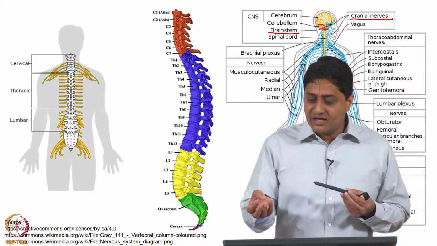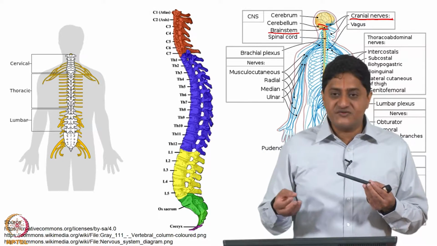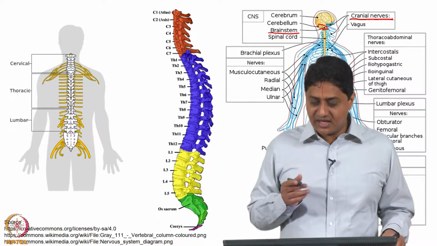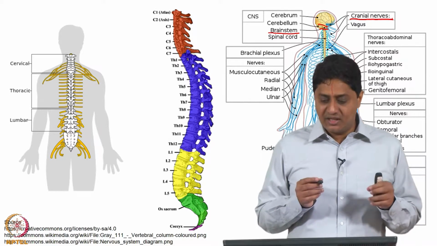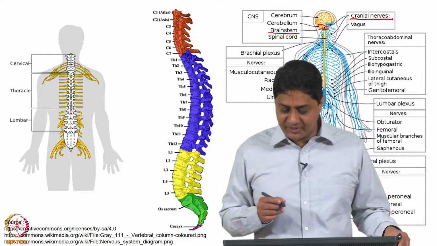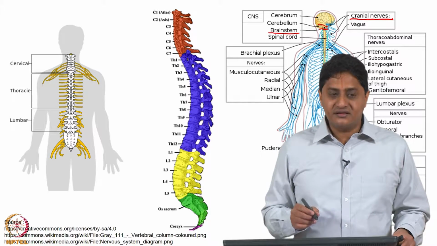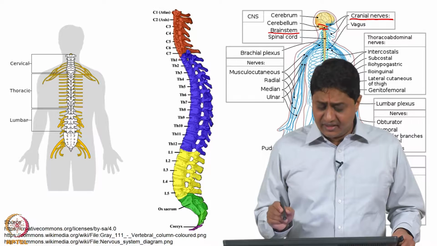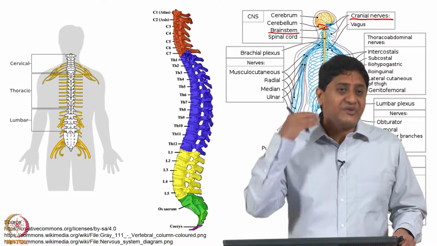So, that involves a combination of sensory as well as motor functions. So, these must somehow be carried, right. So, that is carried with the help of nerves from the cervical spinal cord or the set of vertebra or the set of nerves that arise from the neck.